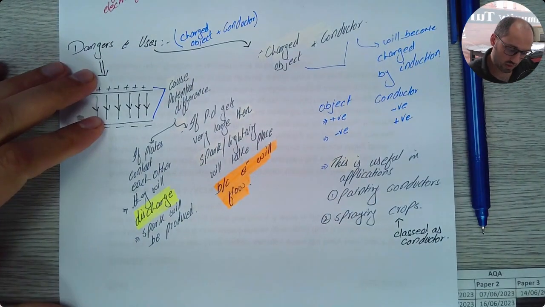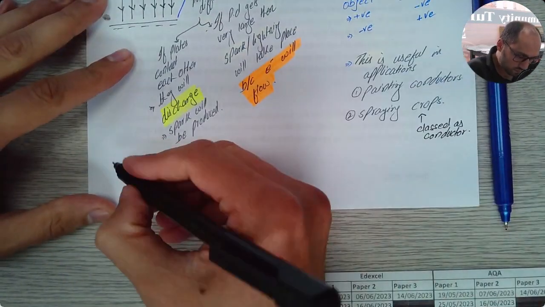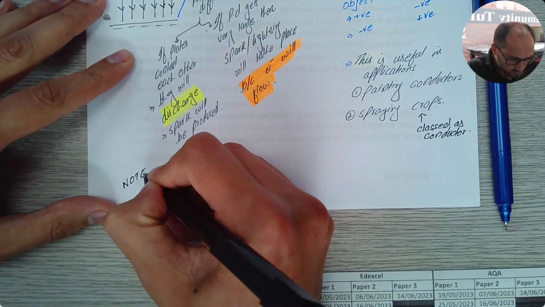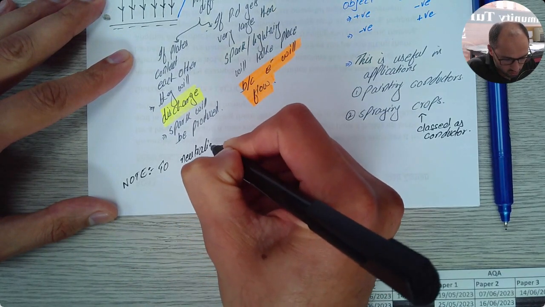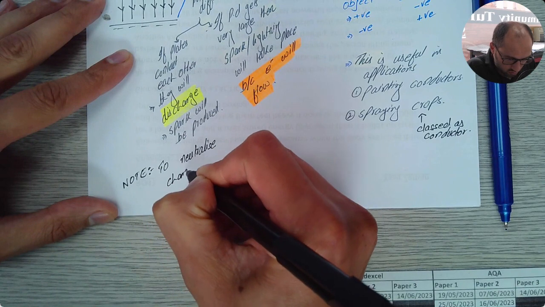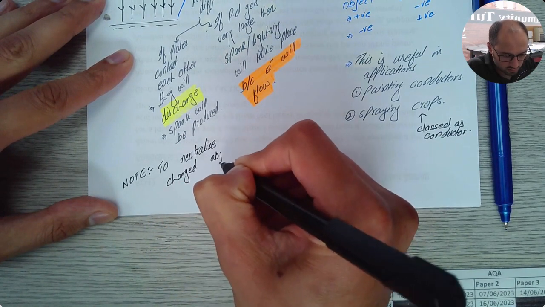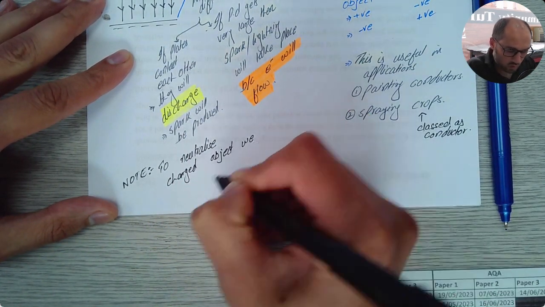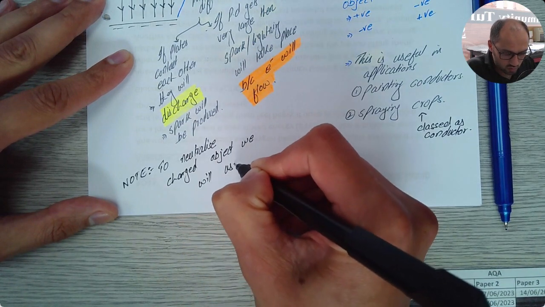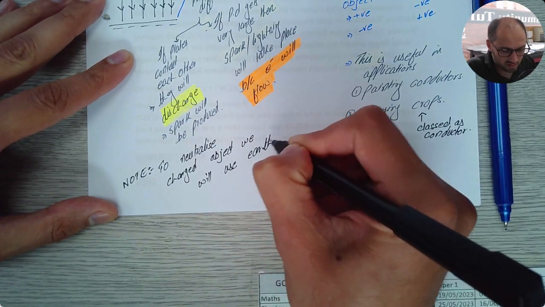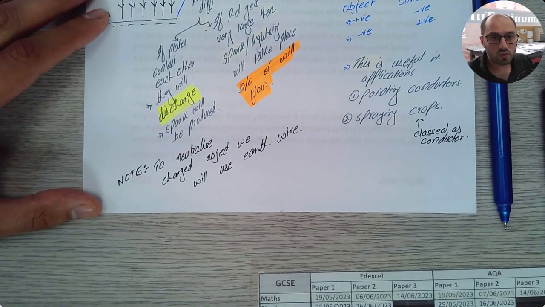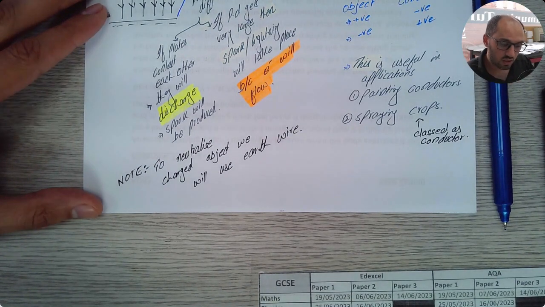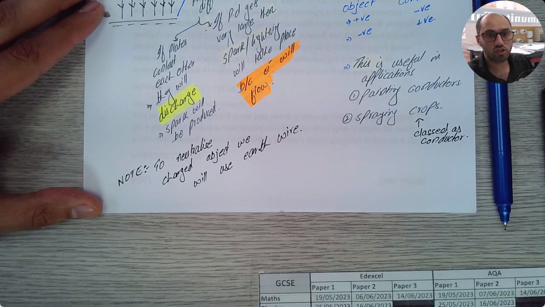So the note here I can say is to neutralize charged object, we will use earth wire. So before refueling the aircraft, what do we do? We attach an earth wire which is coming from the ground. We attach it on the aircraft so that it never gets charged.